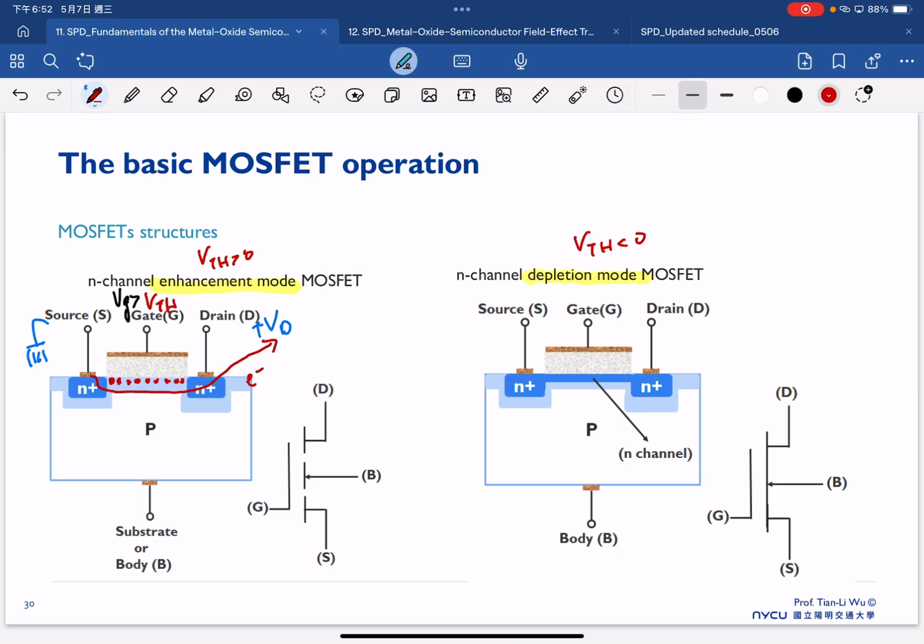This is our electron flow, and the electron flow is in the opposite direction of the current. So the current is in this direction. That's the direction for the current flow. Then we can sense the drain current from the drain side.